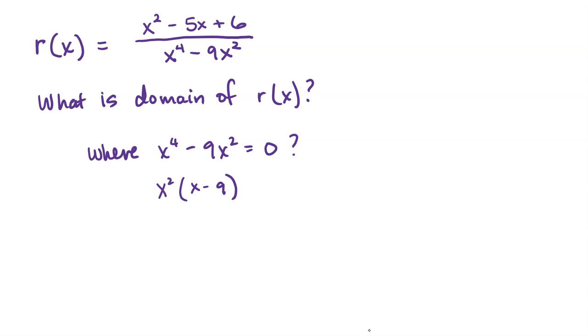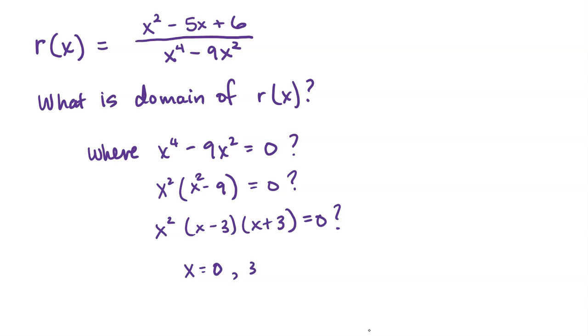We've got x squared minus 9 left. We can factor that: x minus 3, x plus 3. So the denominator of r of x is equal to 0 when x equals 0, x equals 3, or x equals negative 3. So the domain is all reals except for 0, 3, and negative 3.